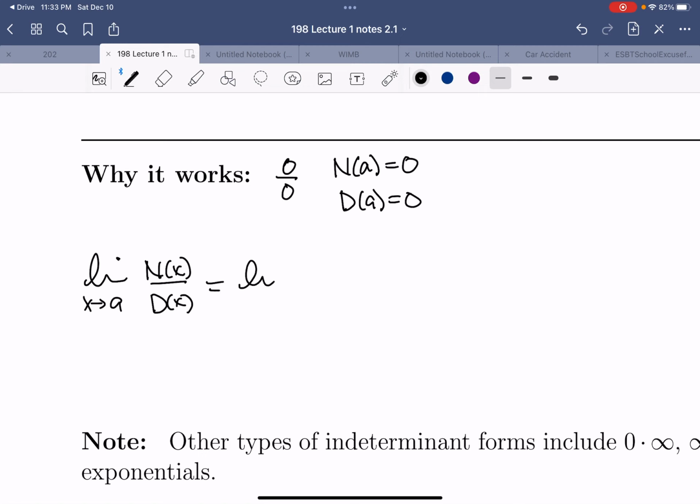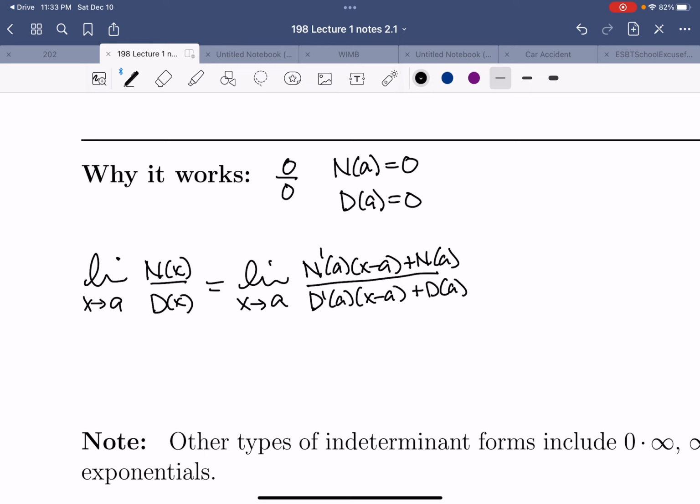So essentially, what we do here is use the linear approximation of each of these. That's going to be n prime at a times x minus a plus n at a. And for the bottom, it's d prime of a times x minus a plus d of a. But now we know that n of a and d of a are 0, so these last two terms go away.